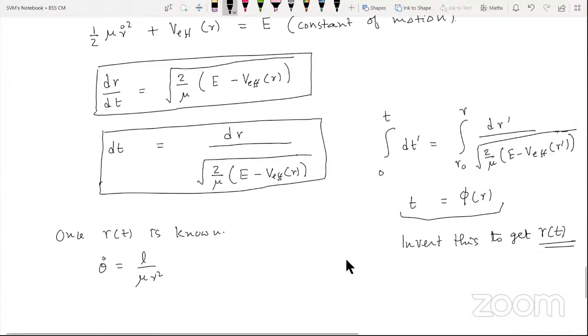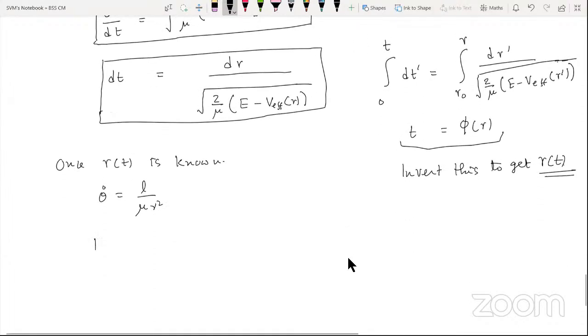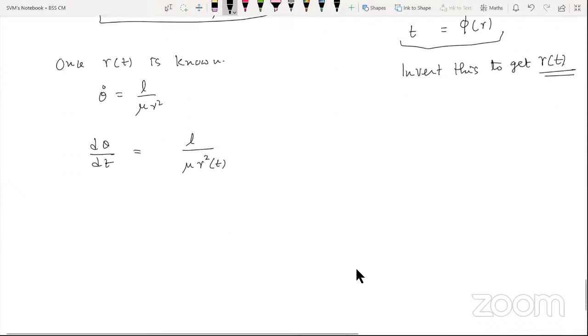So you substitute this here, d theta by dt is equal to L by mu r square. Now I know r of t, so I will also know r square of t. And now you can do an integration, that is integration from initial theta to final theta, d theta prime is equal to integral 0 to t L divided by mu r square t prime into dt prime.